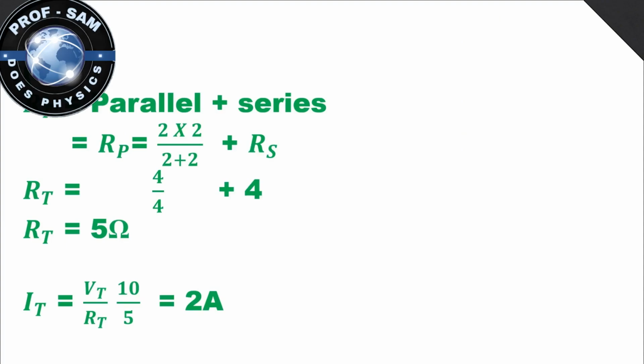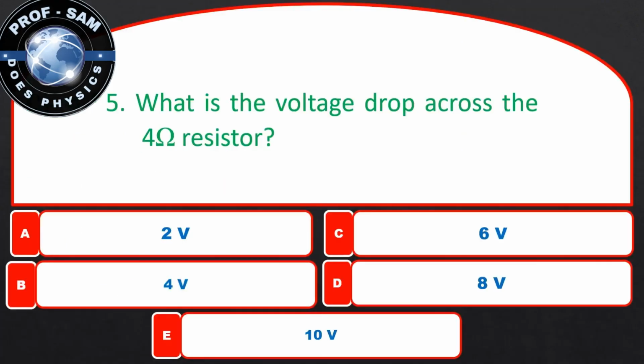Applying Ohm's law, I equals V over R, which is I equals 10 over 5, which gives us 2 amperes. The 4 ohms resistor is in series, and the same 2 ampere current passes through it, which is option C.